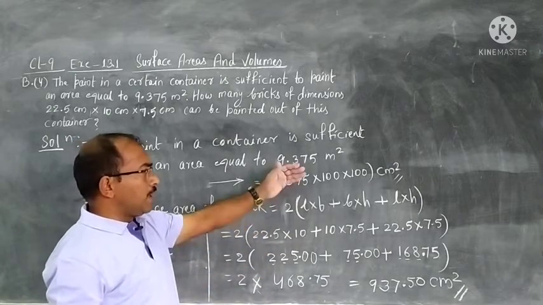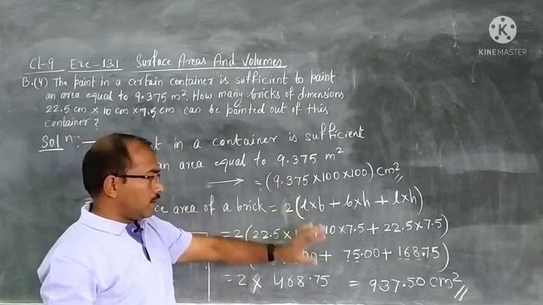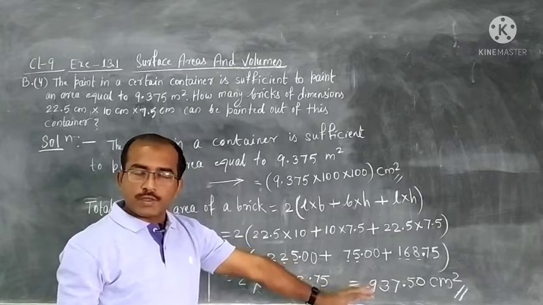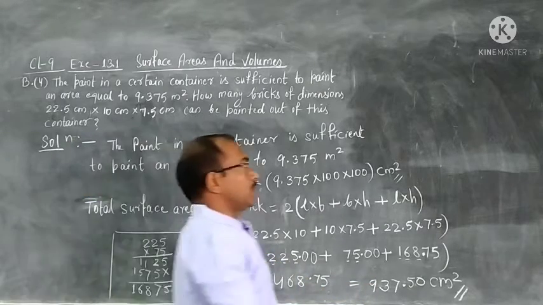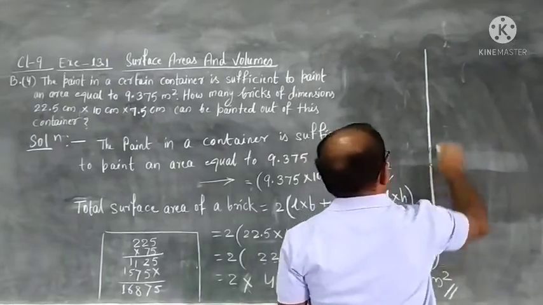So we will just divide the paint available in the container by the total surface area of a brick, and we will know how many bricks can be painted. Let us do that.